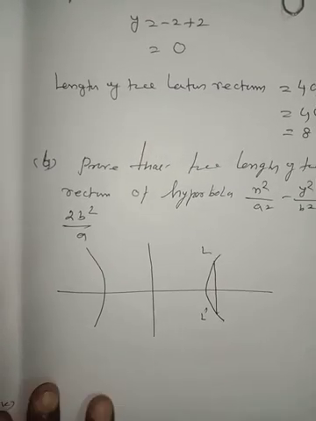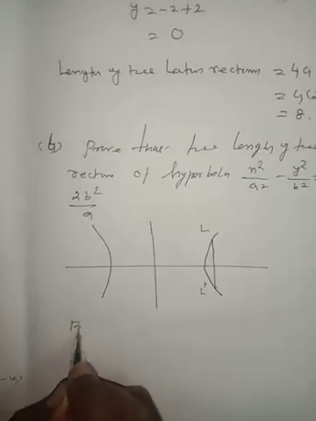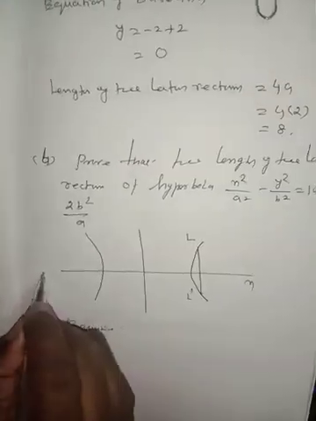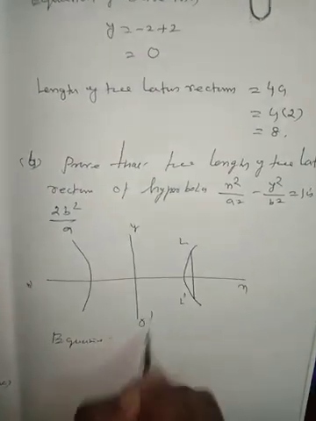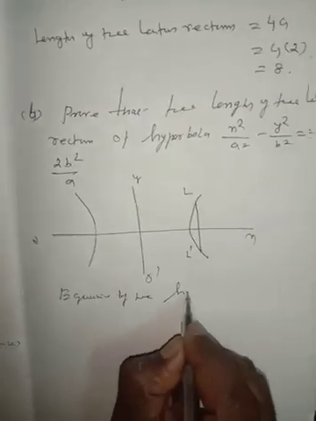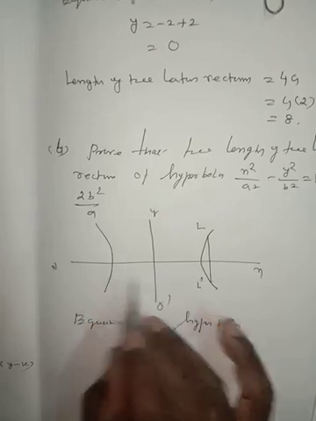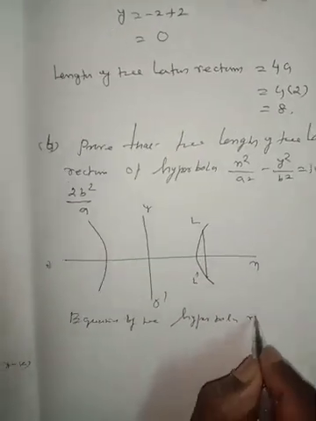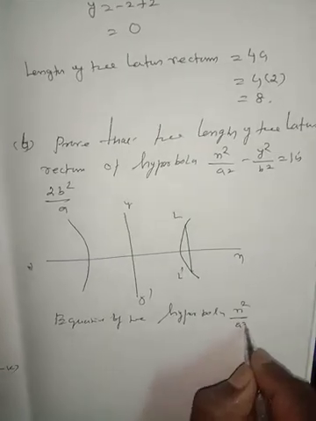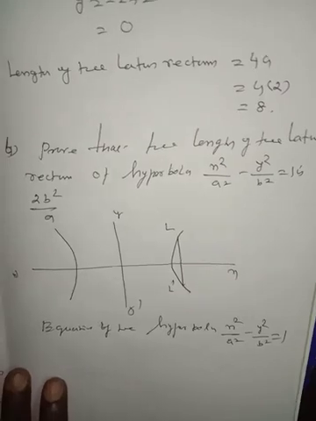Equation of the hyperbola: this has its transverse axis along the x axis, therefore x square by a square minus y square by b square is equal to 1 is of the form.